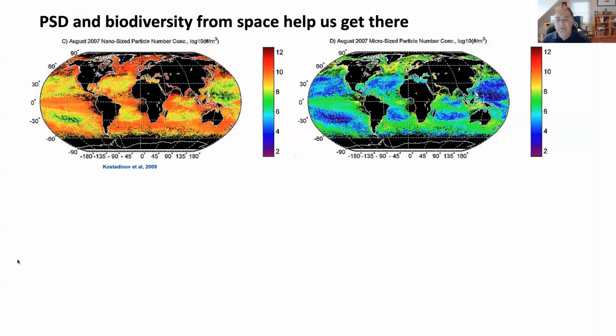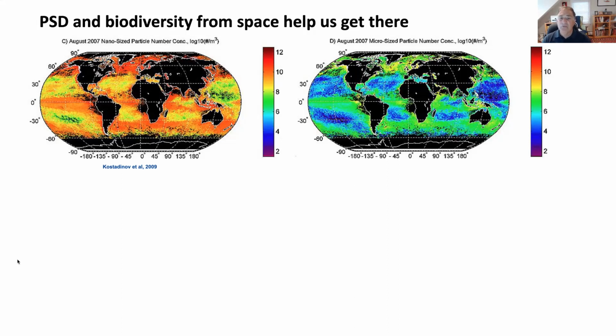And so there's this great paper by Kostadinov that came out in 2009. It's getting kind of old now, but it's still well cited. And they used SeaWiFS data, I believe, to come up with satellite determinations of particle size. And here's one example from the paper where they showed nano-sized particles on the left, the actual concentration of them, and micro-sized particles on the right.